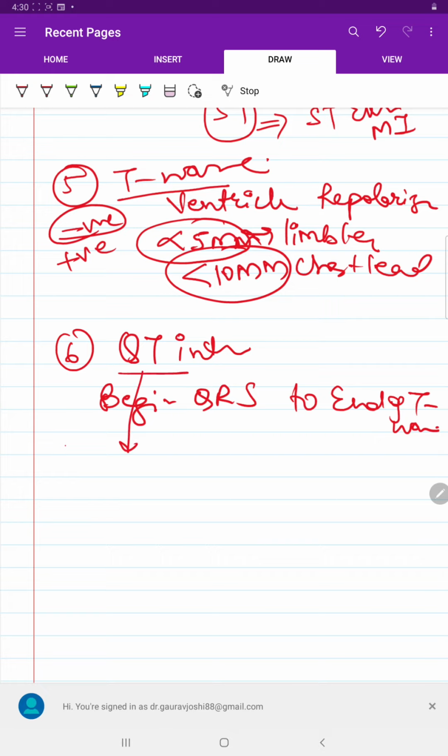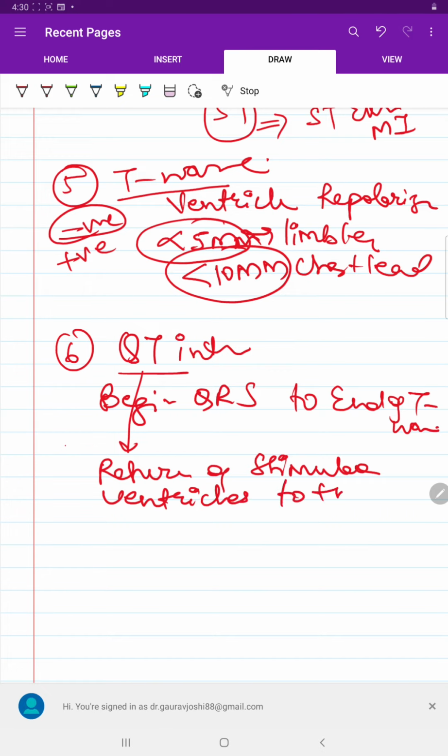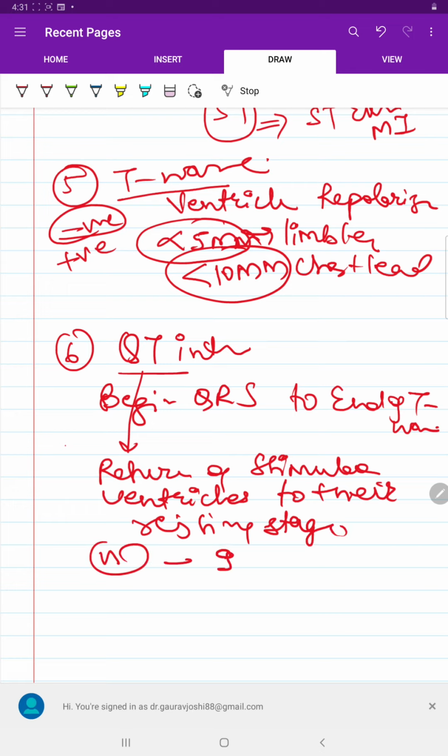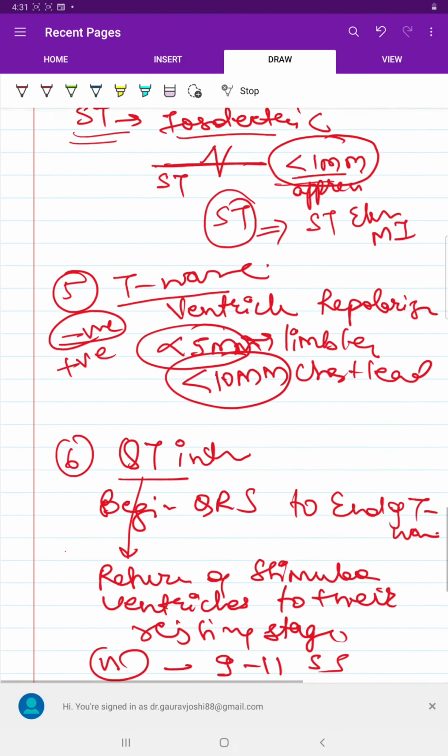It represents the return of stimulated ventricles to their resting stage. The normal duration is 9 to 11 small squares. So we have discussed the normal durations of many things.